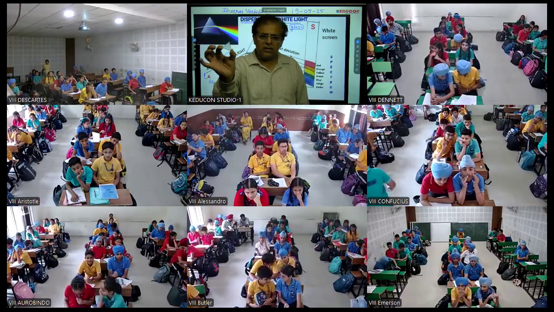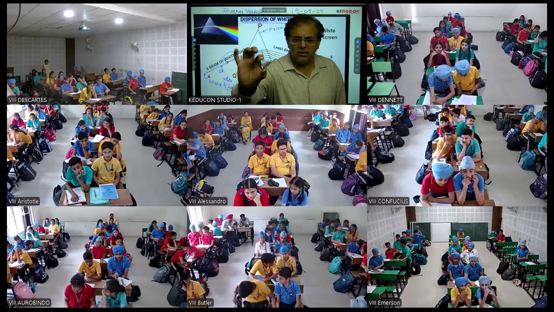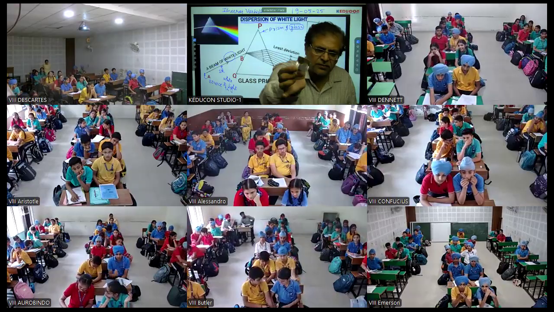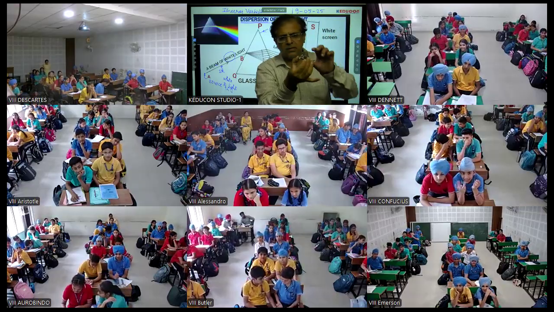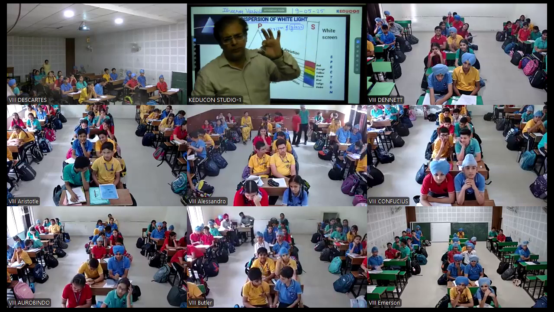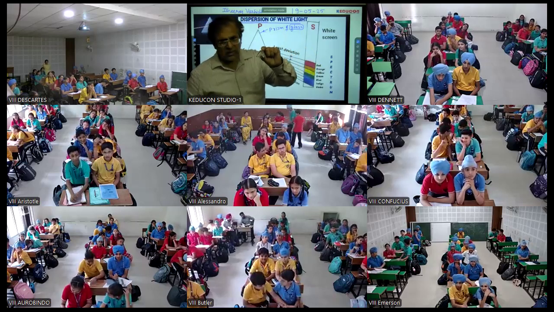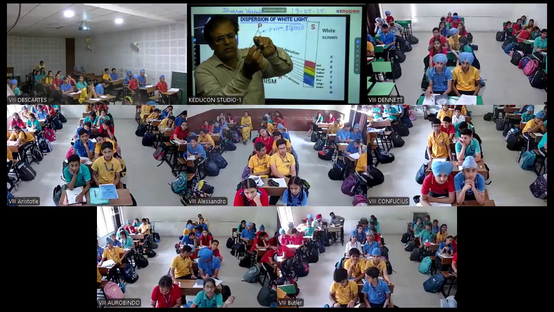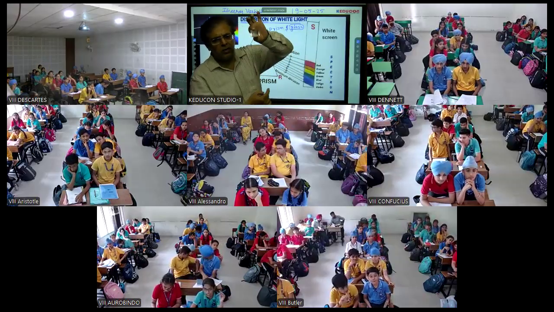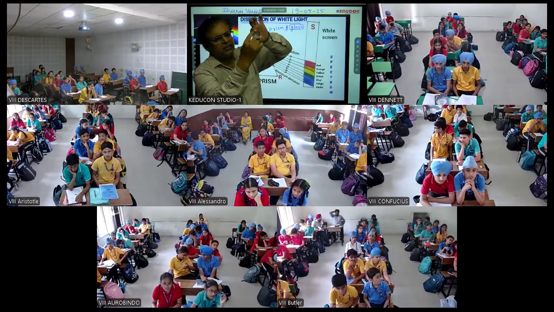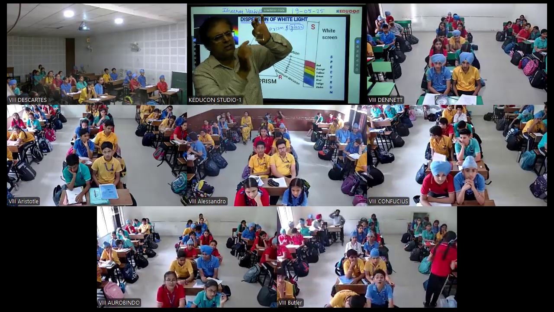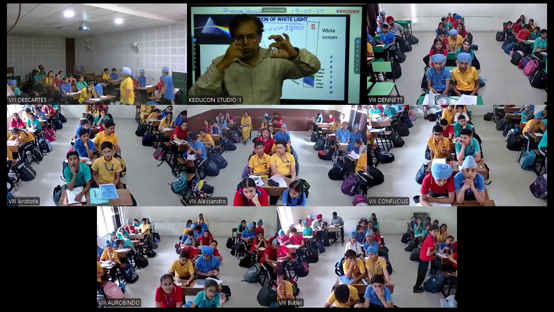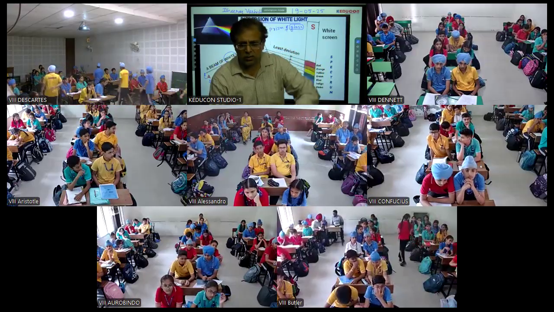Dear students, look in my hands. This is your prism. Just see. This is your prism. The front of the prism is triangular and the side of the prism is rectangular. The bottom is rectangular, here is rectangular, but this side and this side, two triangular faces, three rectangular faces.